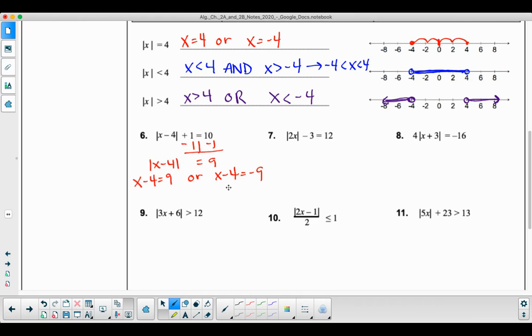And then you just solve both of those equations. So we add 4 to both sides and we get x equals 13, or add 4 to both sides over here, x equals negative 5.